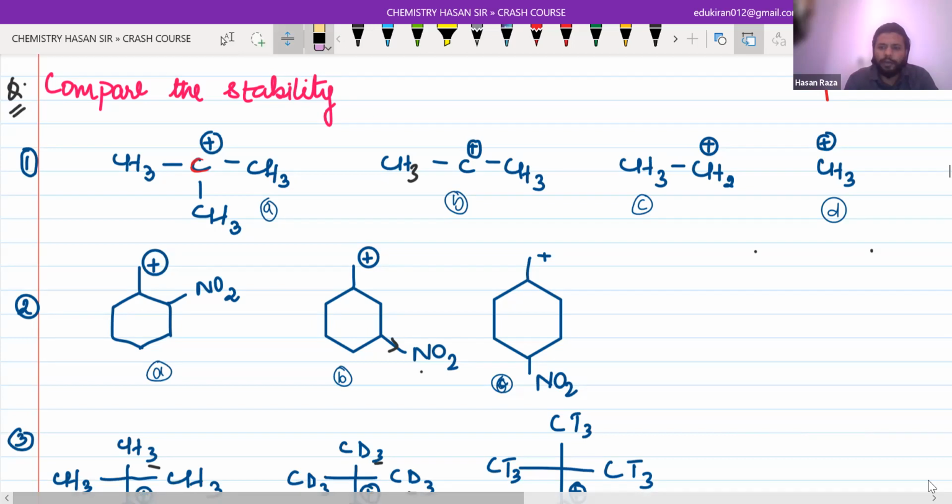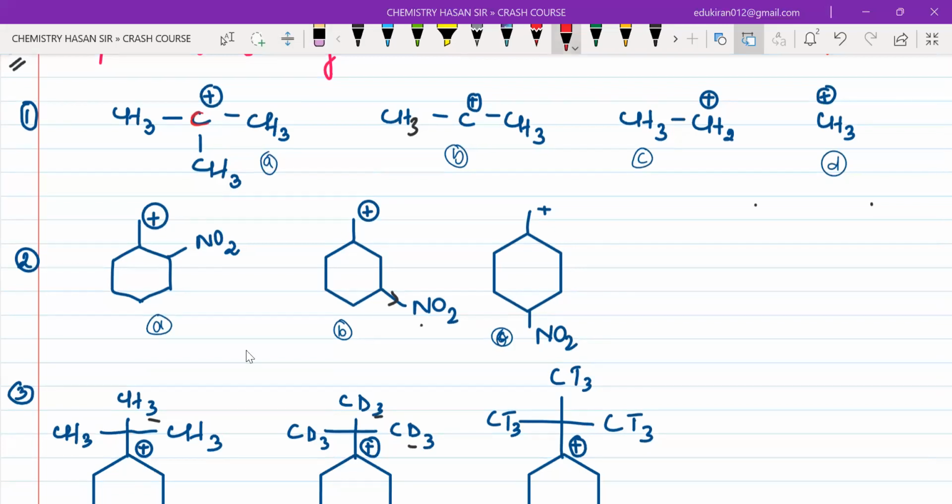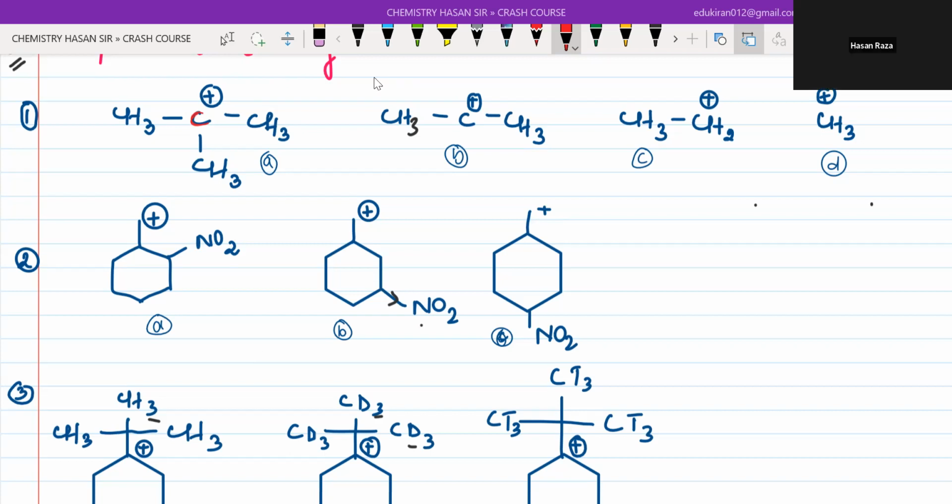Compare the stability. For the first one, which one will be more stable?